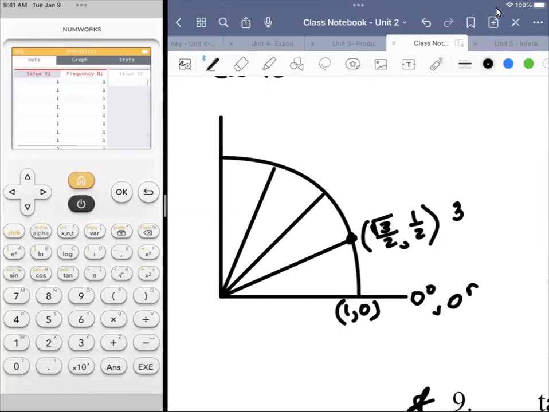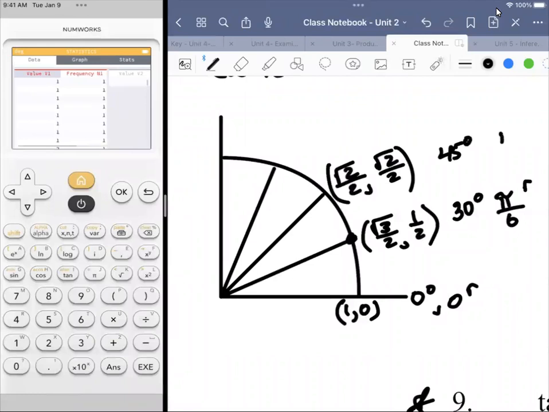That's 30 degrees, pi over 6 radians. A little notation for radians, you could write it as a power of r. I mentioned that last time. You could just also write pi over 6 or pi over 6 rad, whatever you want to do there. (√2/2, √2/2). That's at 45 degrees or pi over 4 radians.